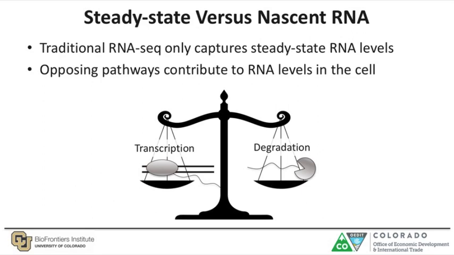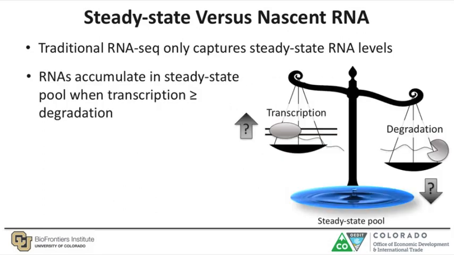Changes in gene expression observed by RNA sequencing cannot distinguish between changes in the rate of transcription and the rate of degradation. For instance, when RNA levels increase in the steady-state pool, that is an indication that transcription is occurring at a rate faster than degradation.